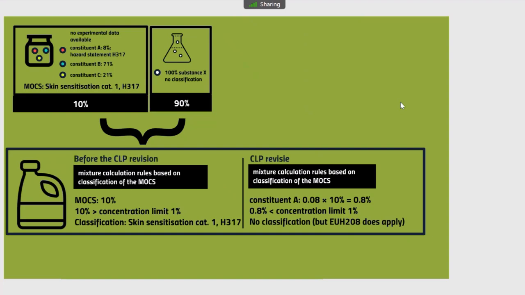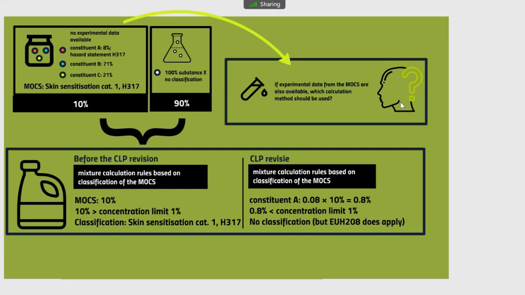So if you look at constituent A, it is present for 8% within the MOCS, and the MOCS is present for 10%. That means that constituent A is present for 0.8% in the end product. 0.8% is lower than the 1%, which is the concentration limit of this classification, and therefore the end product is not classified in this case. However, EUH 208 does apply in this case. So you can see that the classification gets less severe after the CLP revision because we have to look at the concentration of the constituents itself.